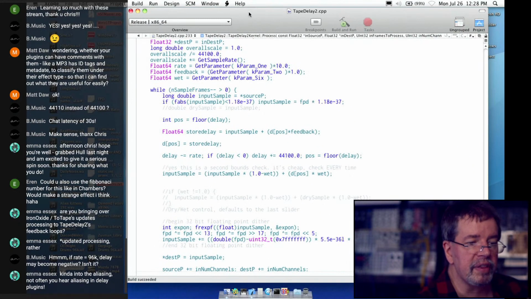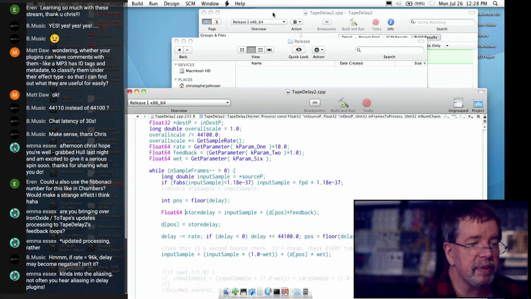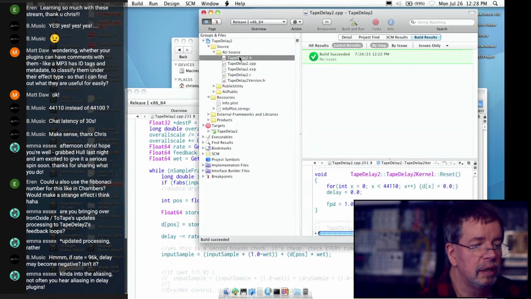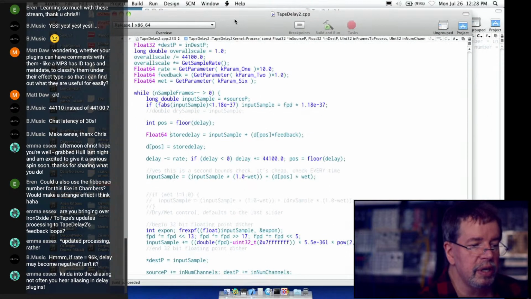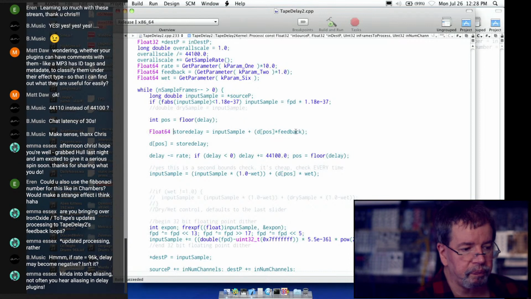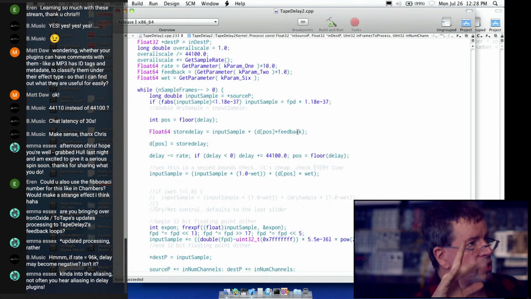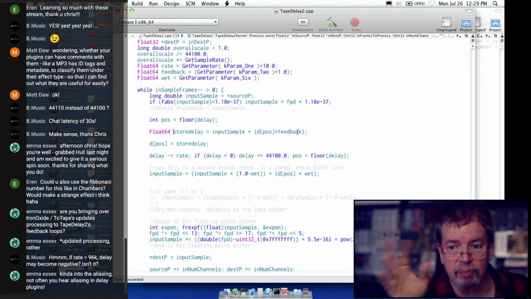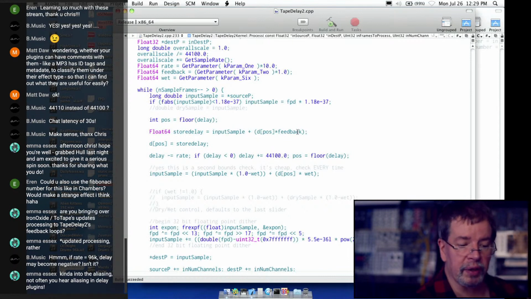So let's dive into that and see whether we can make something happen. Fun to try to make something happen. And the way I'm going to be doing that is we've got delay, which is the position that we're running through. And it's an array, so it's only a discrete number of samples in there, which I'm moving through at different speeds. Turns out I can move through it slower than reality.